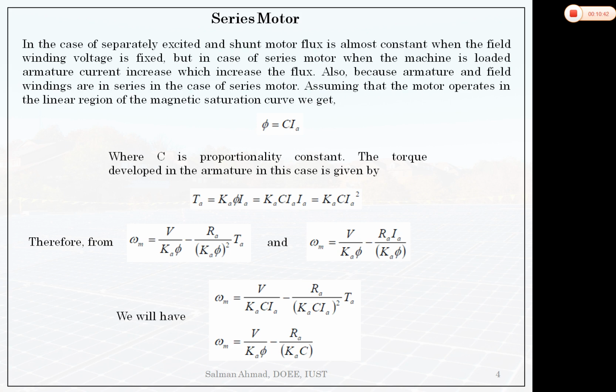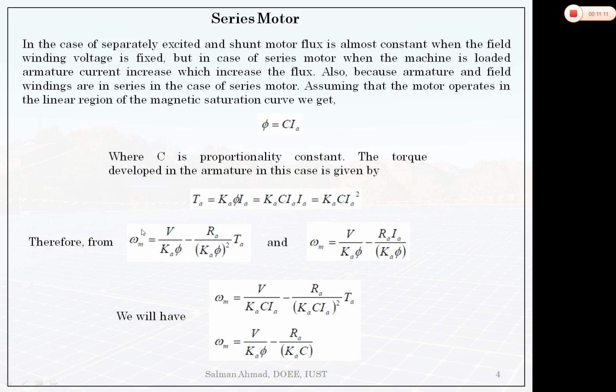In the linear region, flux is proportional to armature current, or flux is equal to some constant C times Ia. The torque equation, if you remember, was Ka times phi into Ia. Now substitute the value of flux, that is C into Ia, so Ka C Ia into Ia, which comes to be Ka C Ia square.